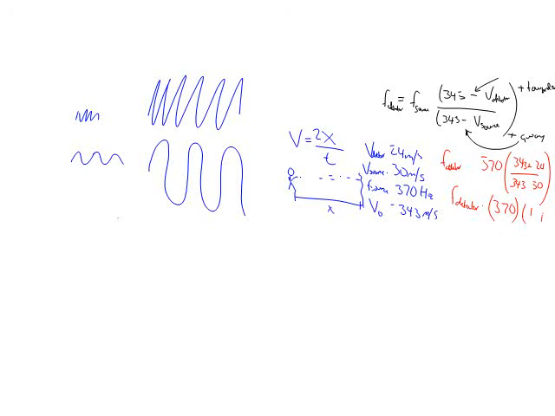Let me double check that. 1.17, there we go, times 370, 434 hertz, there we go. So that's our frequency that we hear. Now, does it make sense that it's higher? Yeah, it makes sense because it's getting closer together, so it's smashing up those waves, and it's getting higher.